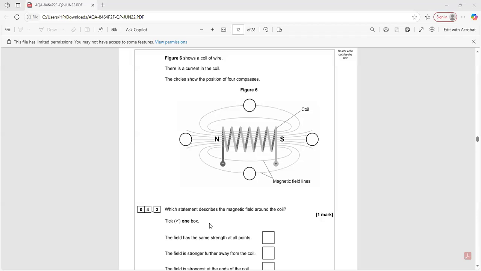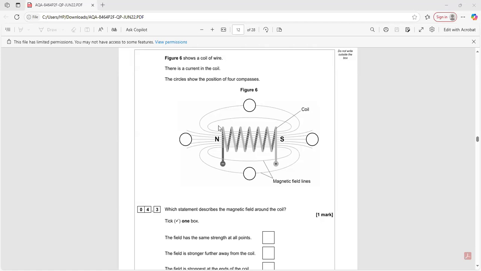Okay, is it true that the field has the same strength at all points? That cannot be. Around this area close to the North Pole, it looks like they're more concentrated. Do you agree with me? Yes. So there's no way a field can have the same strength at all points.